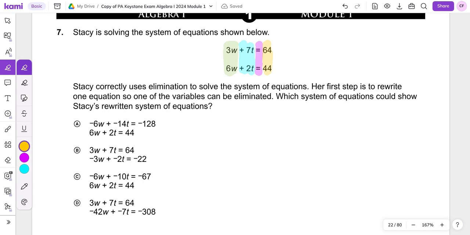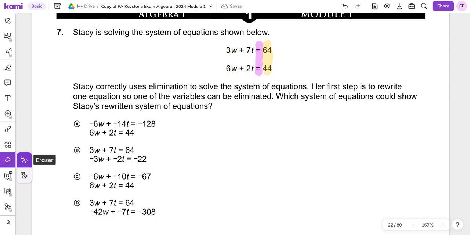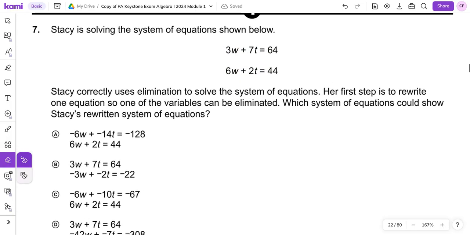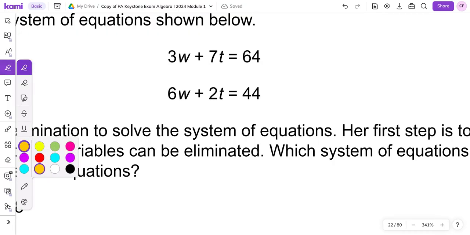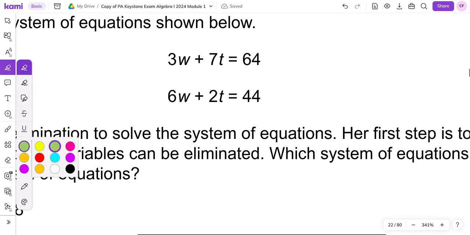Notice that neither the w's nor the t's have the same number or opposite number, so we now have to focus in closer. Our w's, we could try and get these to match. Again, looking at just the w's, we had a 3w and a 6w.